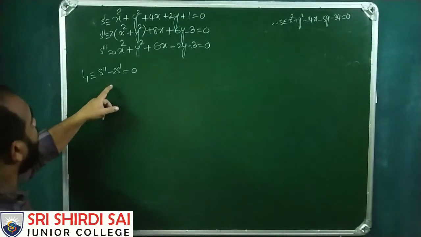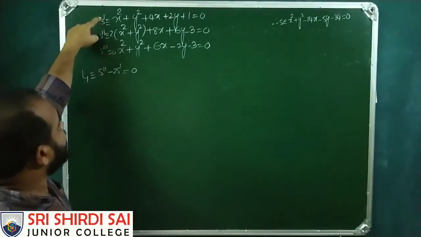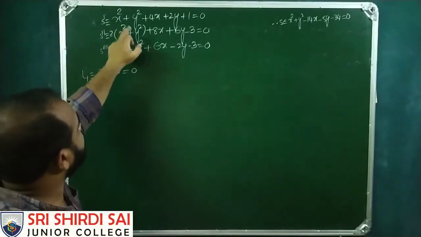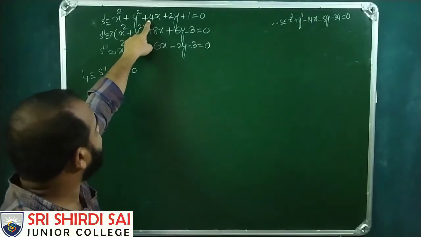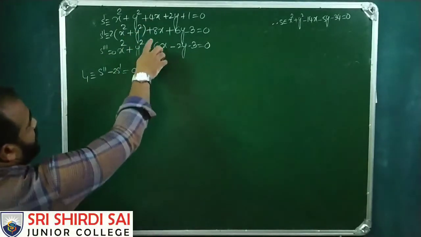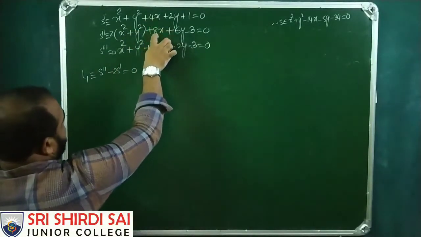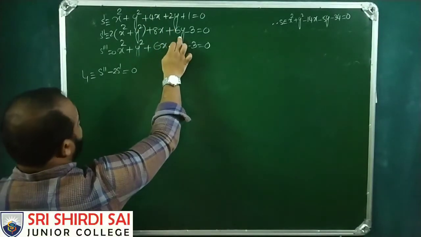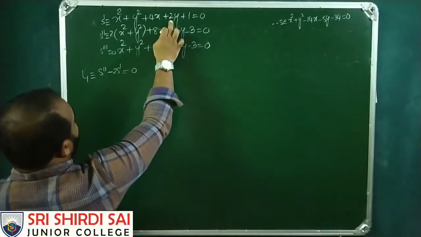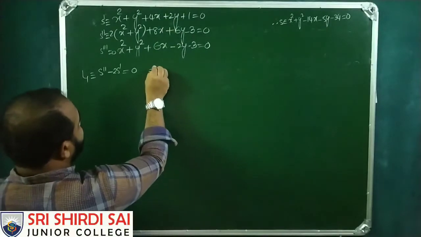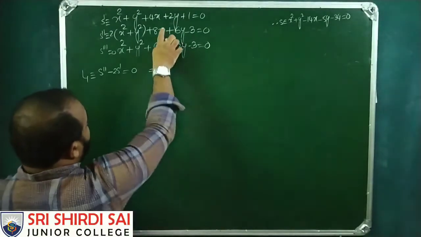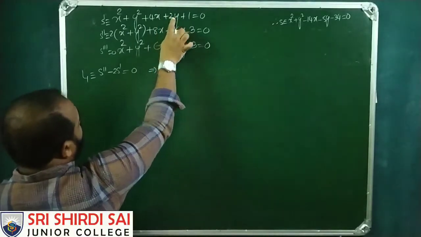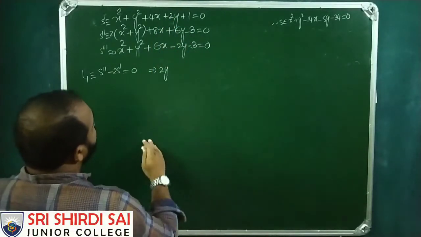So S'' minus S'. 2x square, 2x square cancel. 8x minus 8x, 0. 2 4s are 8x, 8x gets cancelled. 6y minus 4y, 2y. This is 6y minus 2 into 2, 4y, so 2y.